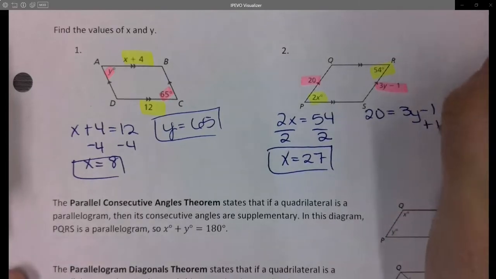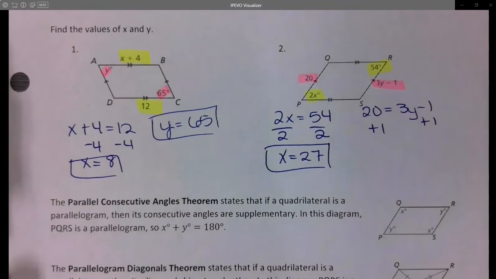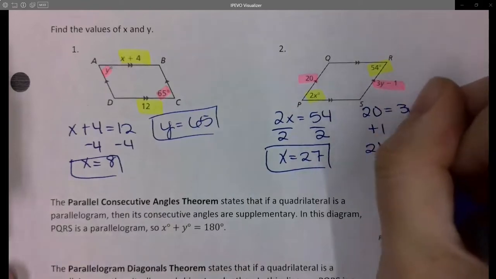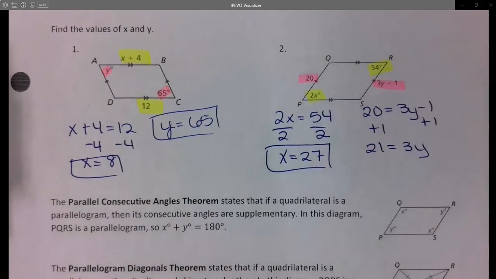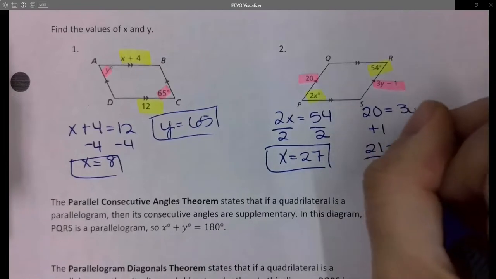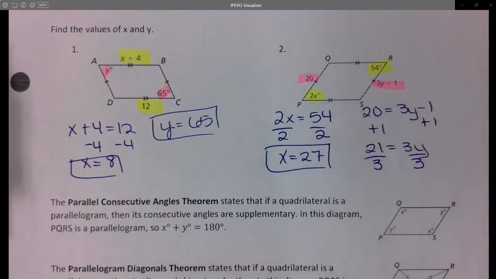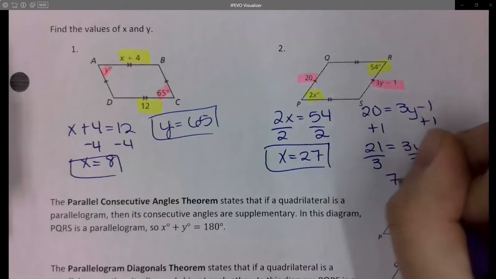Then I want to go ahead and add 1 to both sides, which gets me 21 equals 3y. Then I want to go ahead and divide both sides by 3, which gives me 7.